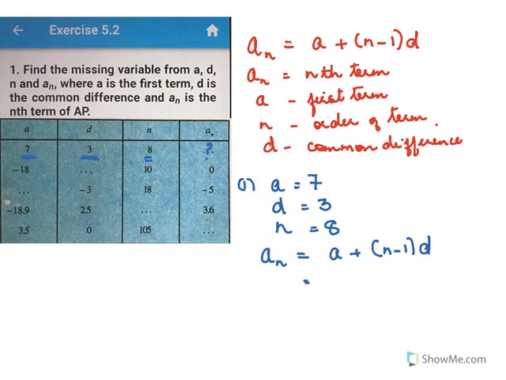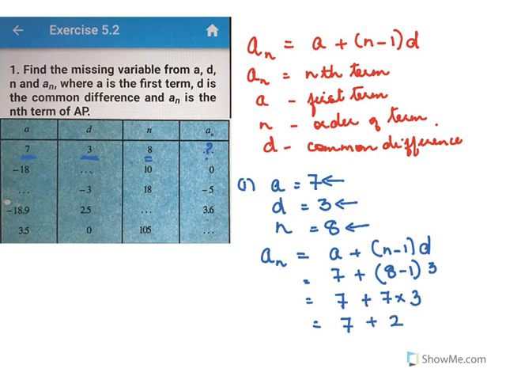We know a is 7, n minus 1, where n is 8, so 8 minus 1, and d is 3. So this is 7 plus 7 into 3, which is 7 plus 21, and the answer is 28. That means the nth term, a_8, of this AP is 28.